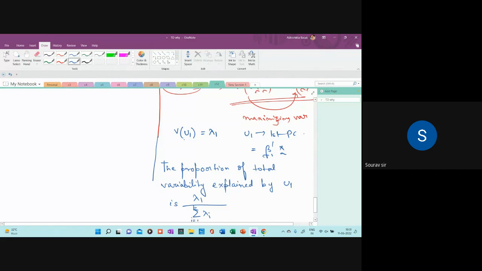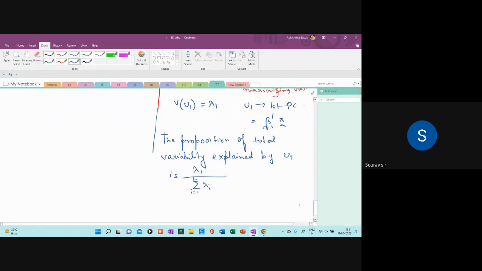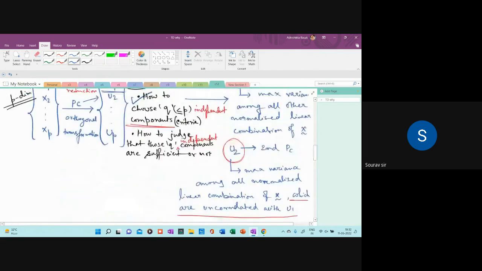Since we have p principal components, and we don't know how many components are required, this is what gives the answer to the second question over here. We are actually discussing this particular second question right now.